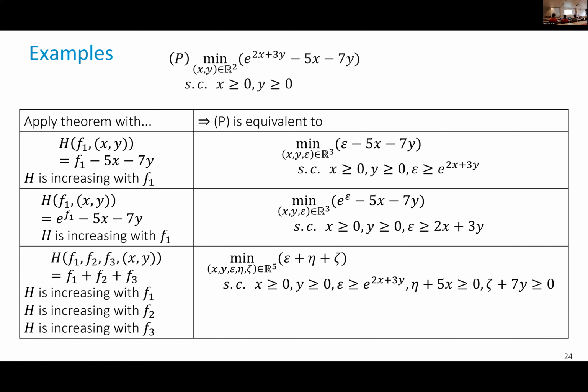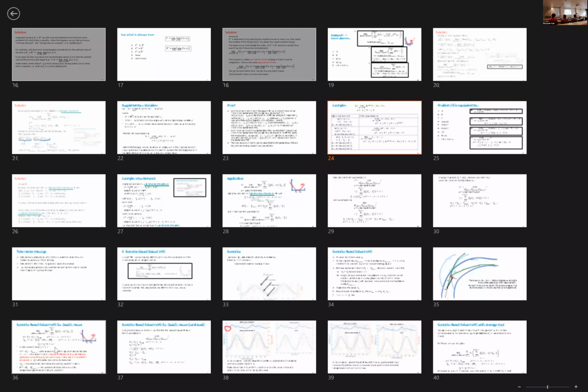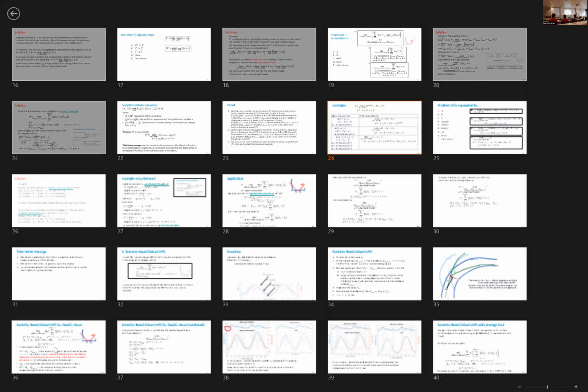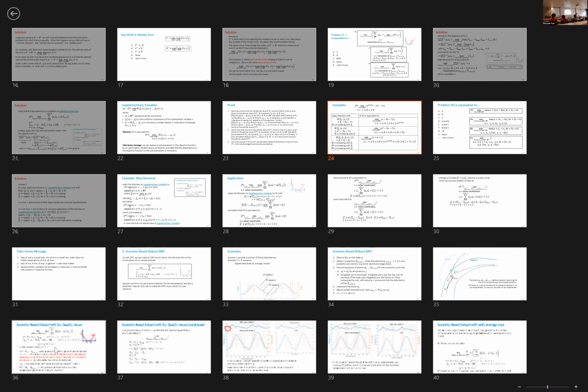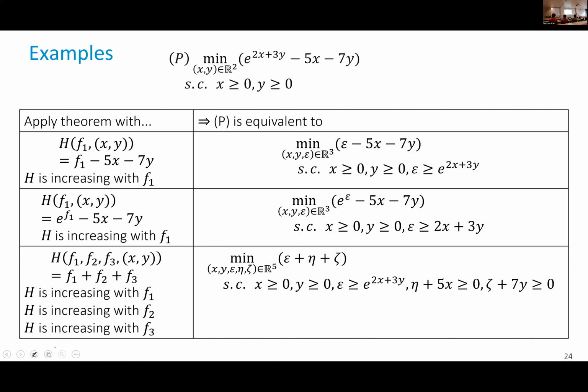Could you give an example where it's decreasing with f? Well, if I would put minus, if I would put H, I write this.